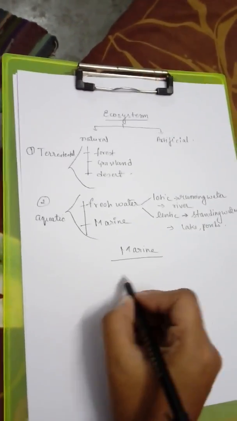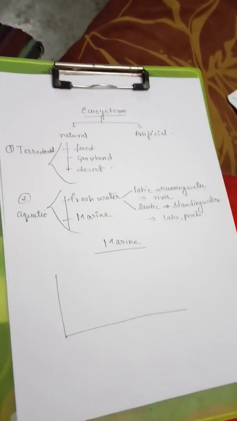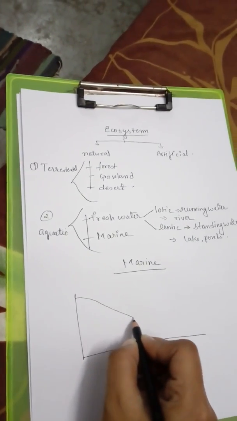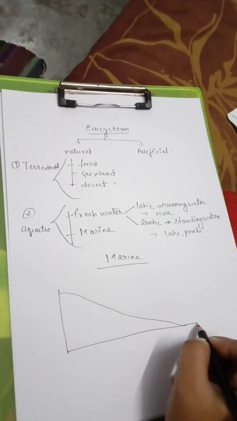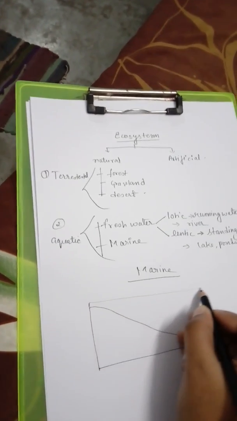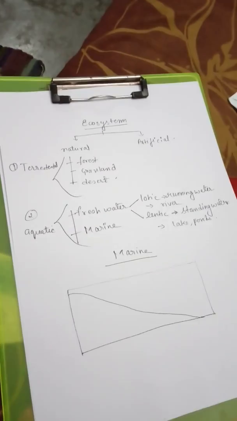In marine, let's first draw the diagram. So here is a marine ecosystem. This is the shore and this is the water level. This area is called the littoral zone. It is just at the shore.